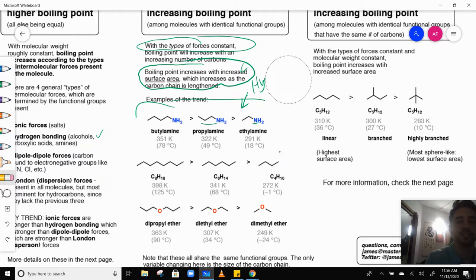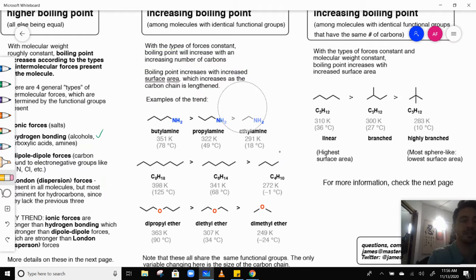This is a carbon attached to 3 hydrogens, and then another carbon attached to 2 hydrogens, and then another carbon attached to 2 hydrogens, and then another carbon attached to 2 hydrogens and 1 nitrogen.